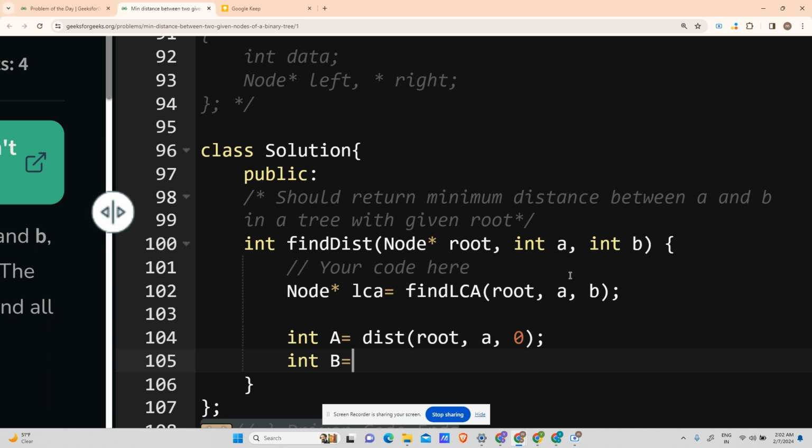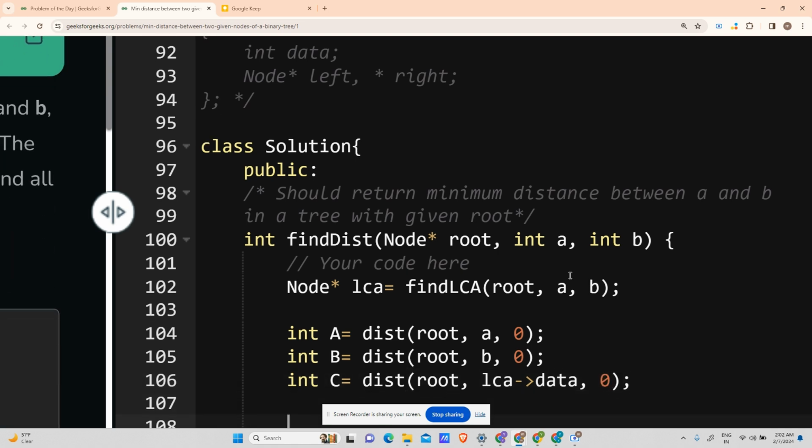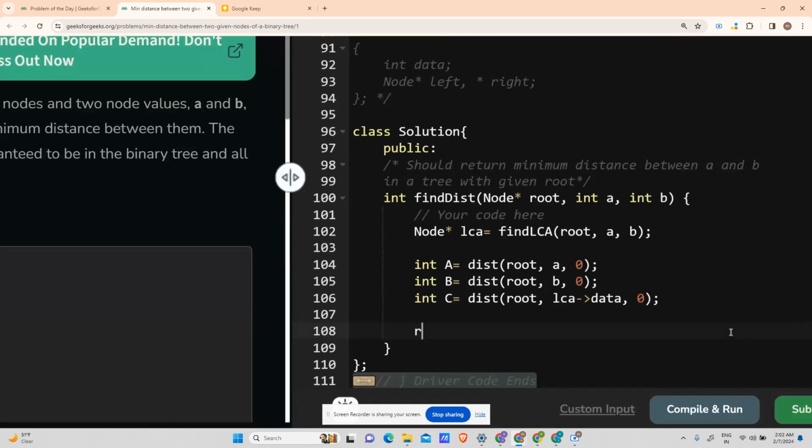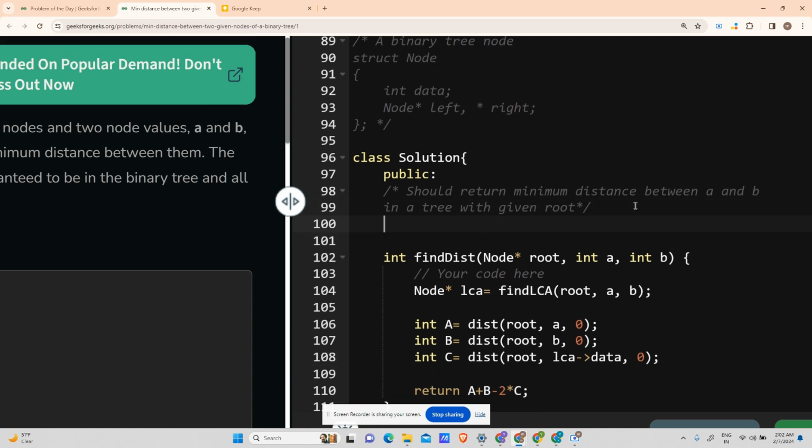Int B is equal to the distance of B from root, and int C was equal to the distance of LCA from root. LCA's data I will have to send because of the integer type, and then I have to return A plus B minus 2 star C. This was clear to you, right? Just have to code the LCA first and then the distance.